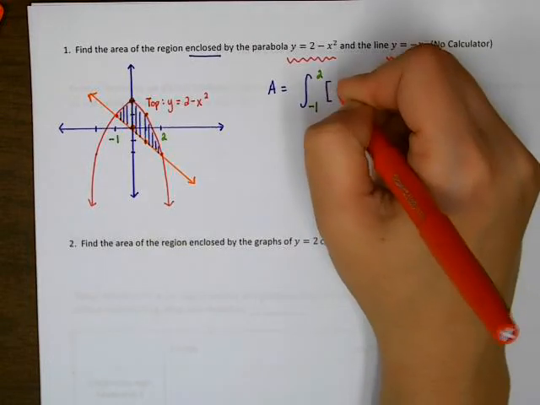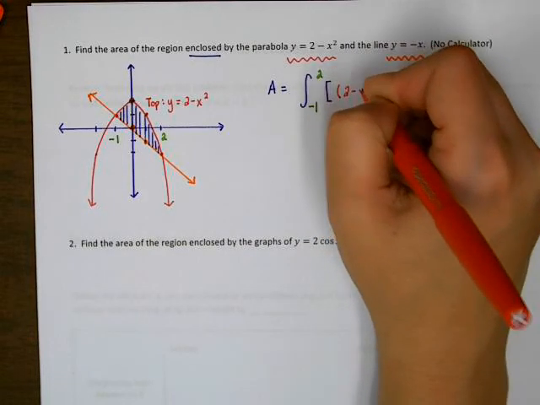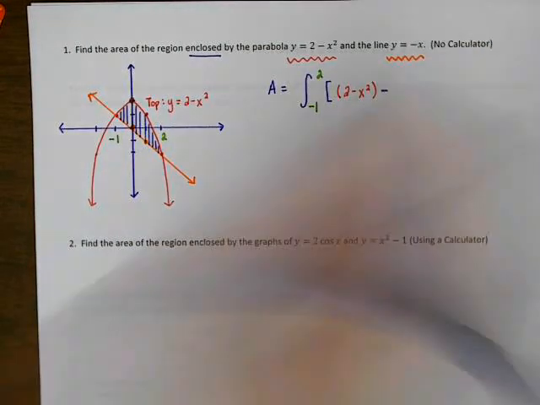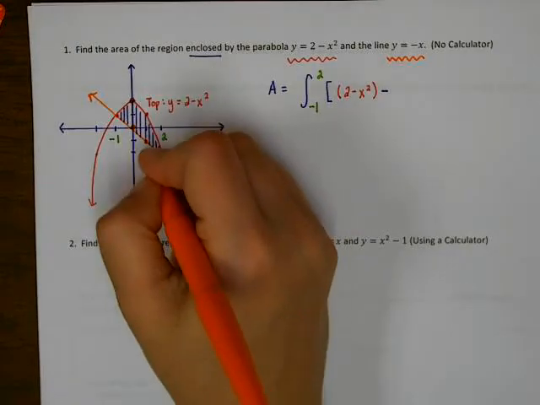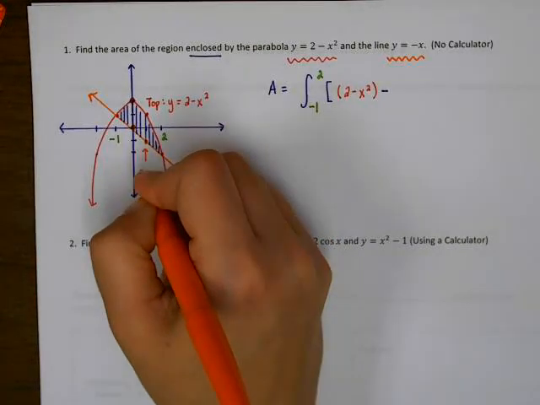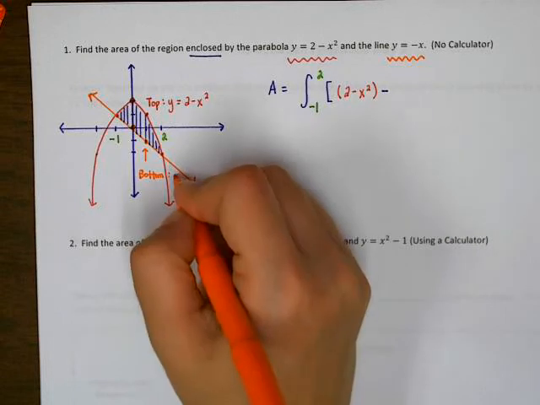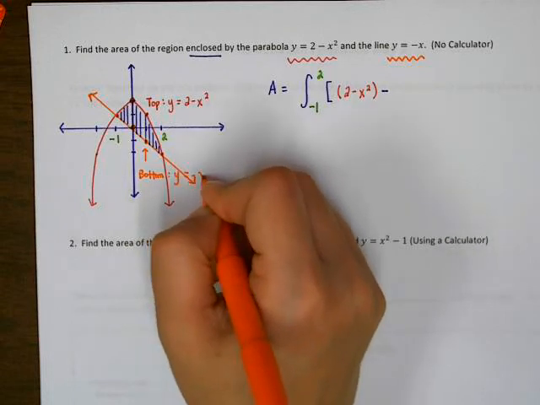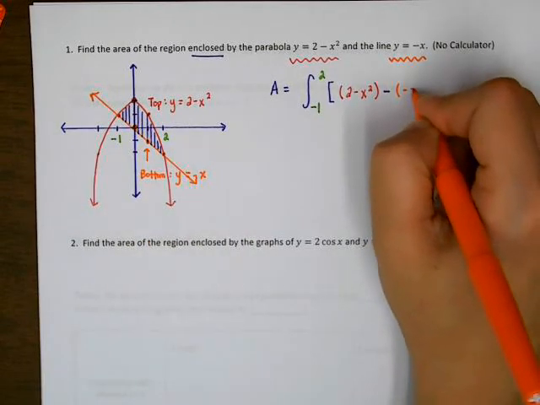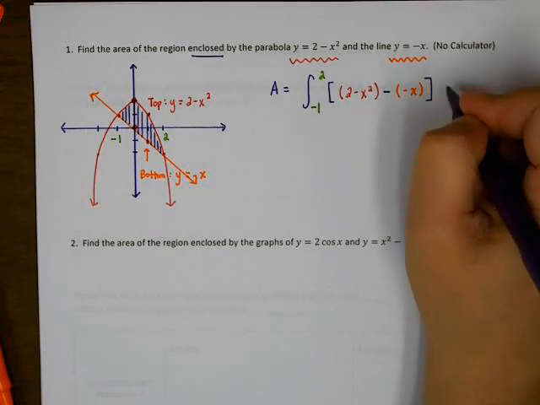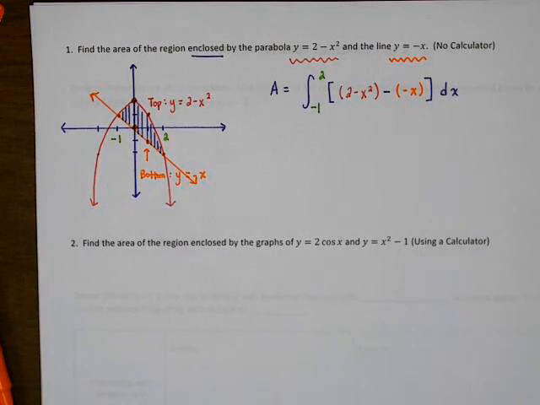So that's going to go first in my integral, minus the bottom function here, which would be the line y equals negative x, dx.